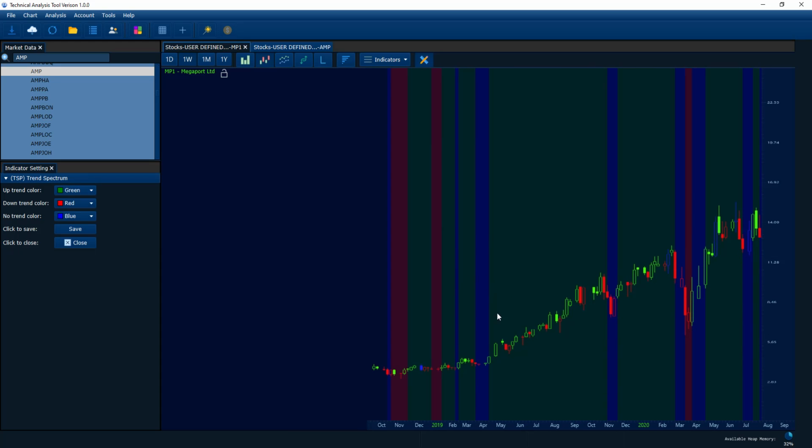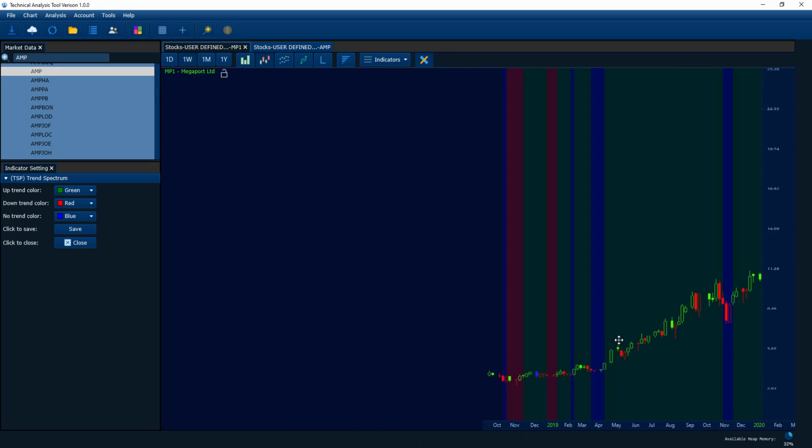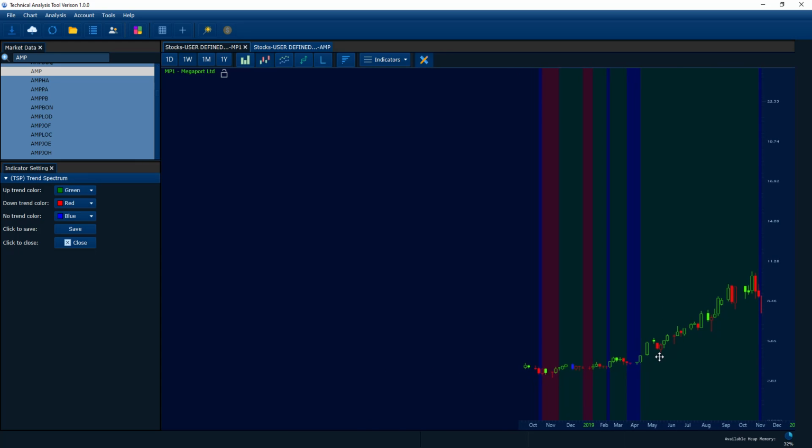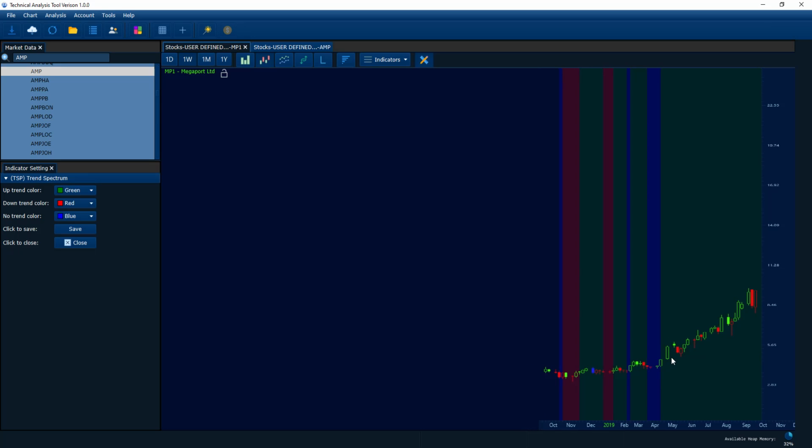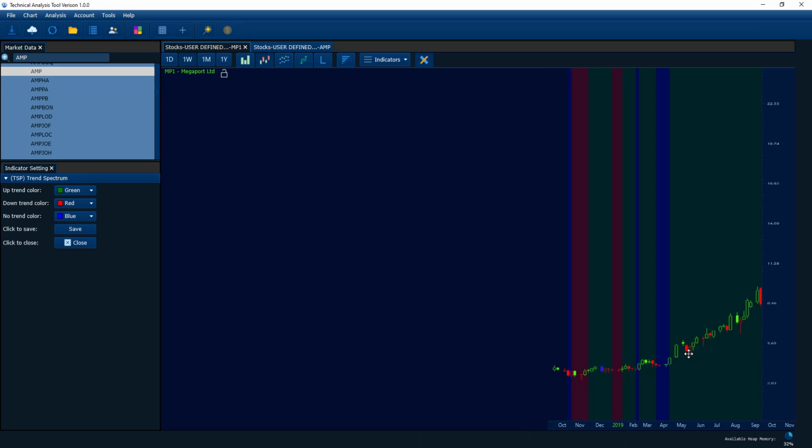As you can see, the continuation uptrend, the green color, has an edge, a start point and an end point, right? So when you see a continuing red or green, the trend is not in question, so you can kind of sit back.